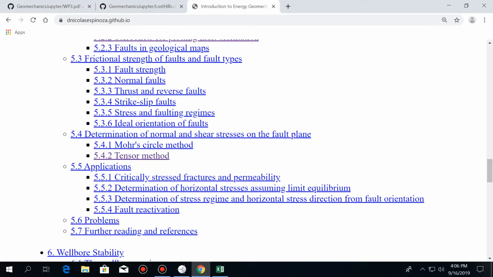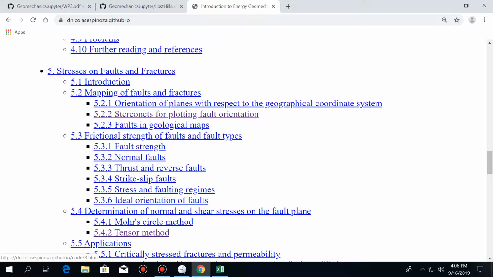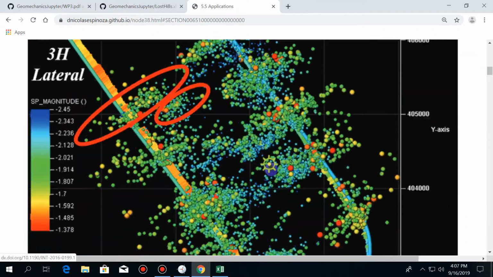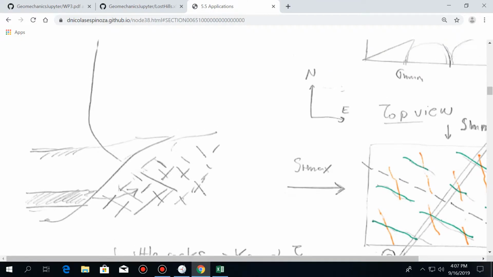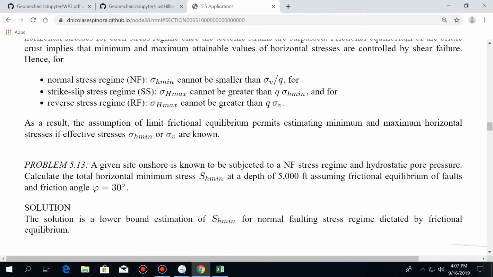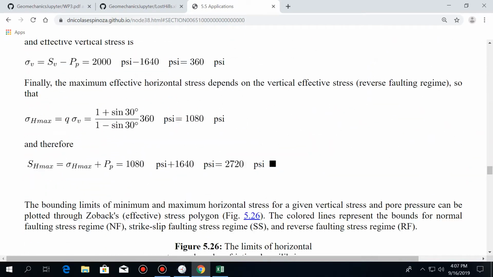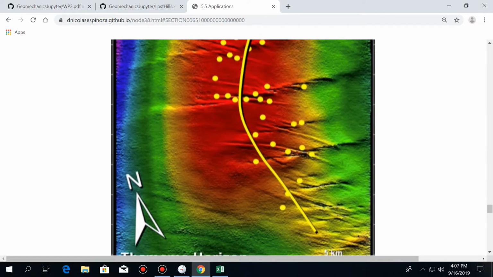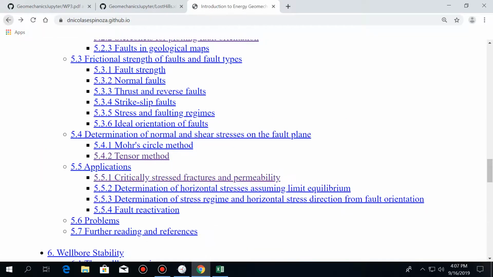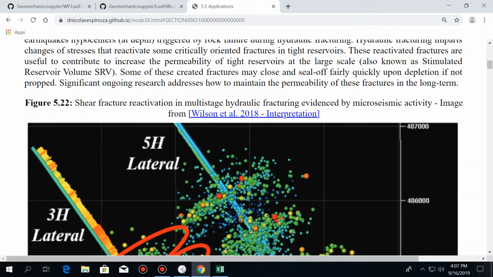In the chapter on stress and faults and fractures, if you go to applications, and then to critical stress, fracture, and permeability, you will find a description. Let me just use this plot.